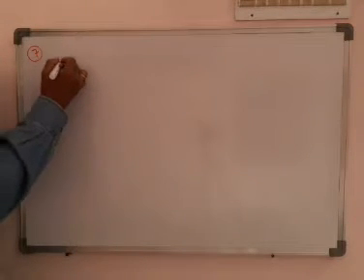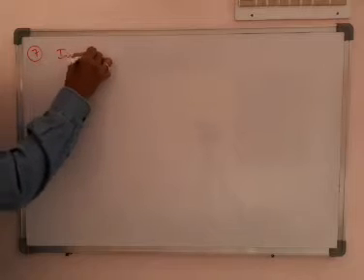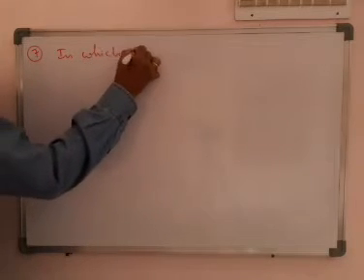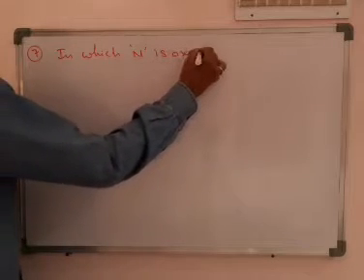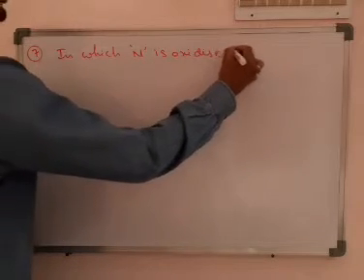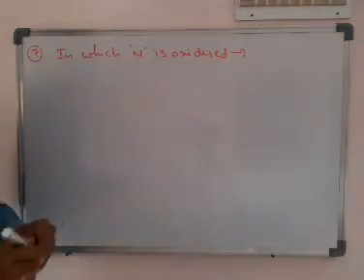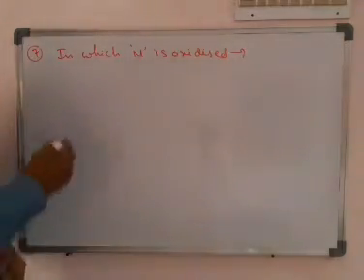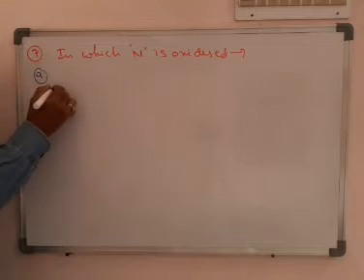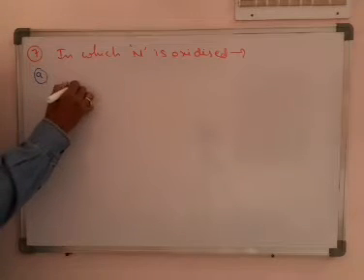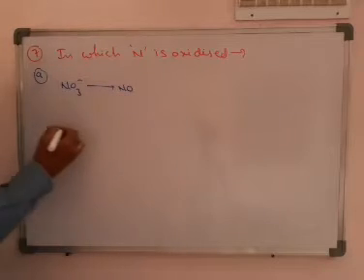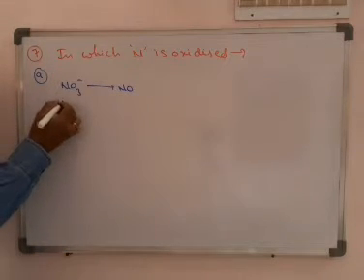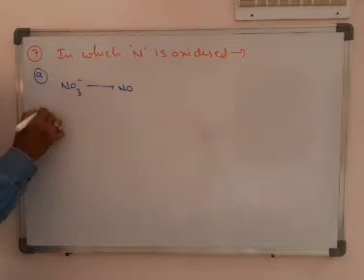So next, in which change is nitrogen oxidized? The question has options given. We have to find in which change nitrogen is oxidized. First change given is NO3 minus, nitrate ion, becoming nitric oxide.